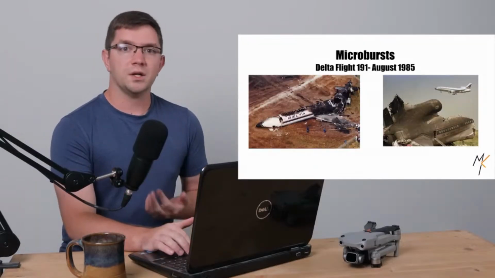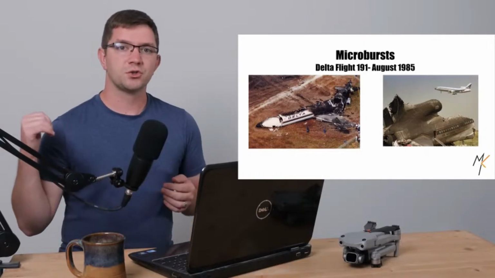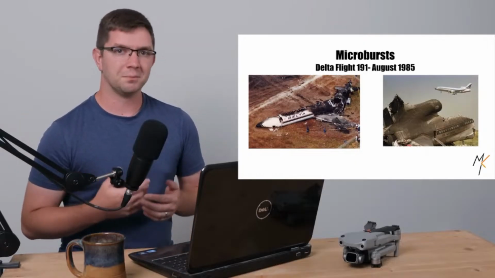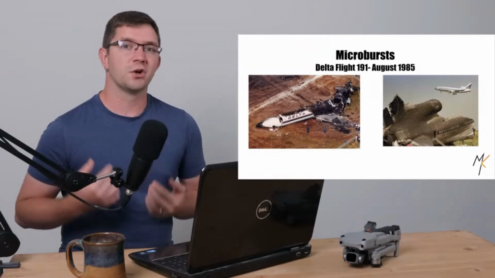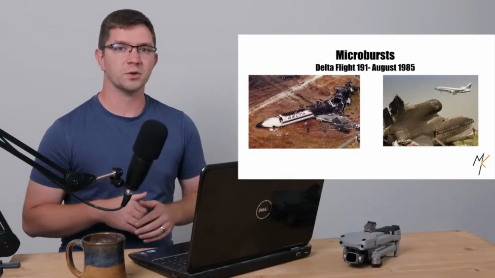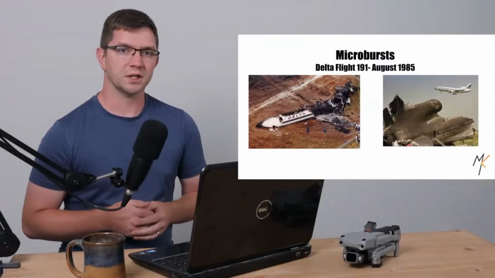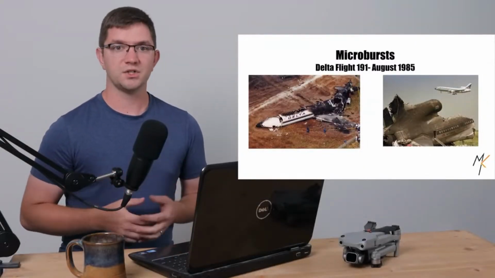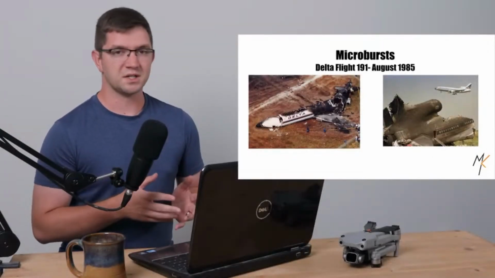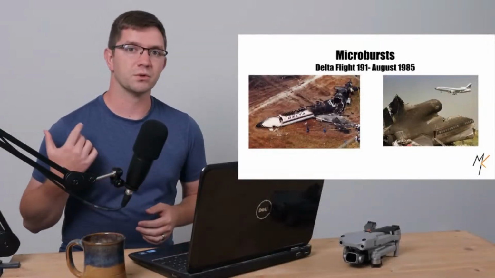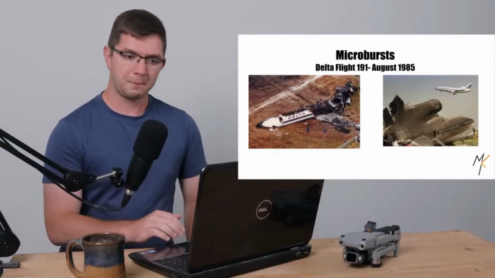Delta Flight 191 was one of those incidents, when a microburst occurred just short of the runway they were planning to land on, which ultimately caused the aircraft to crash, because the extreme turbulence and downdrafts from a microburst are too much for pilots to control the airplane. Granted, technology has advanced to detect microbursts since then, but before 1985, microbursts were still fairly unheard of, and there was no way to really detect them at all.